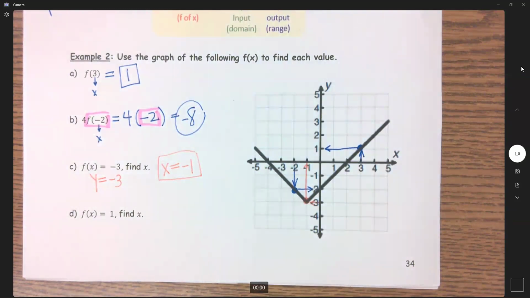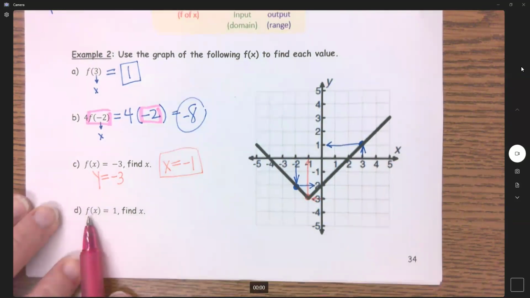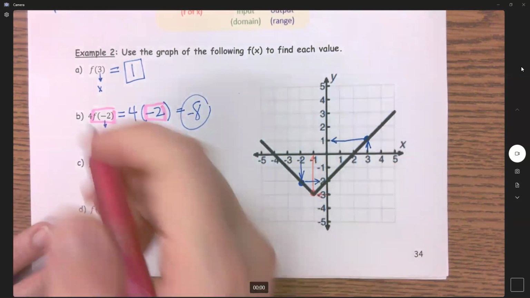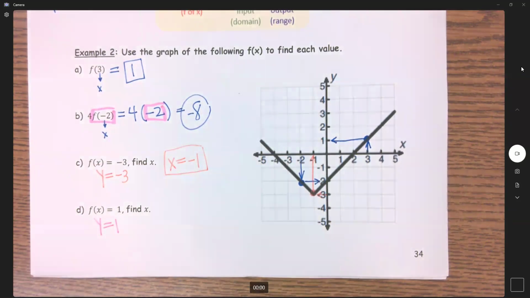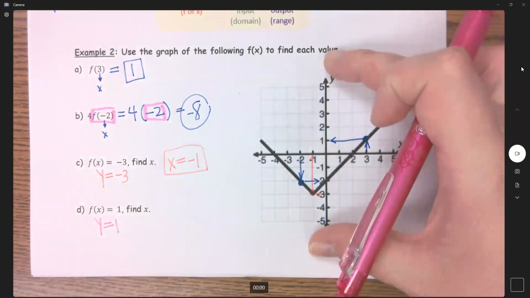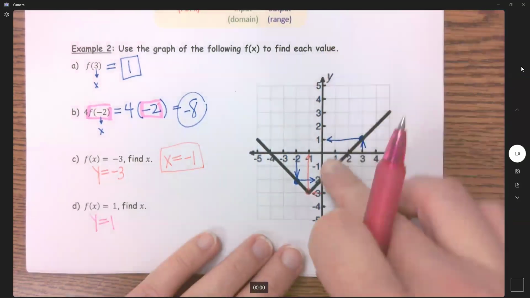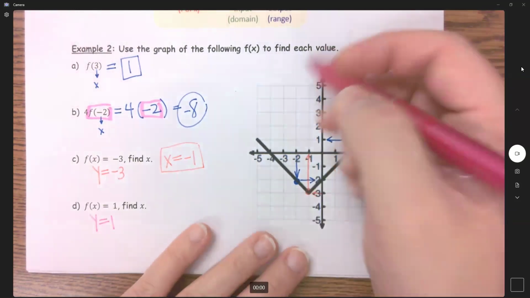Okay, trying one more time here. Here, f of x equals 1. So that is them saying y equals 1. So going along your y-axis here to when your y is 1, meet your graph.